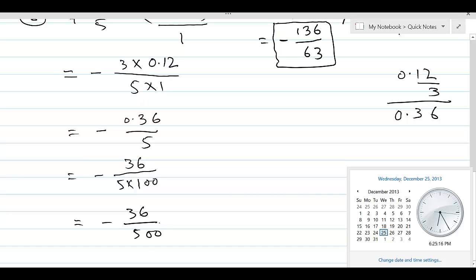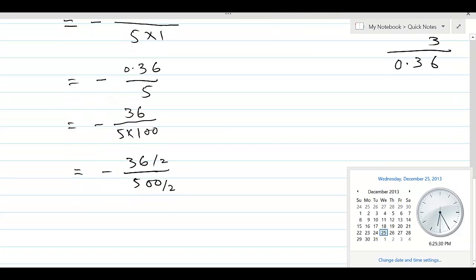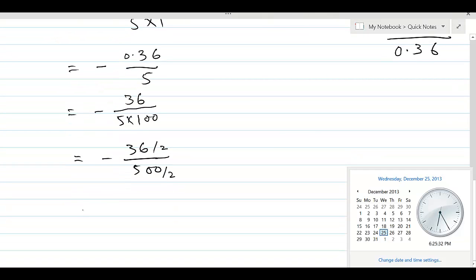Now, if you know the equivalent fractions, you can divide it with 2. As long as you divide the numerator and the denominator with the same number, it doesn't make any difference. So if you divide this, this would be minus 18 over 250.